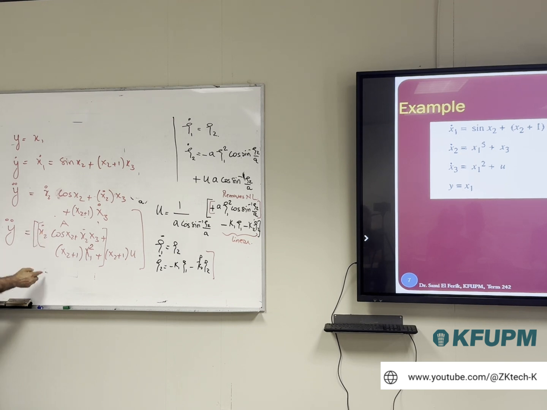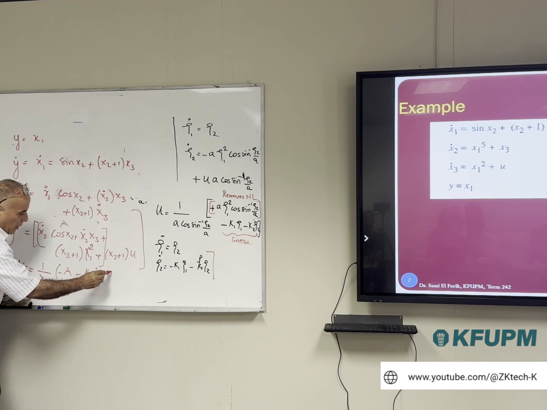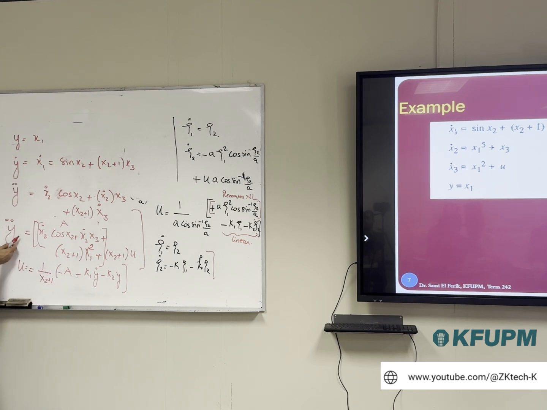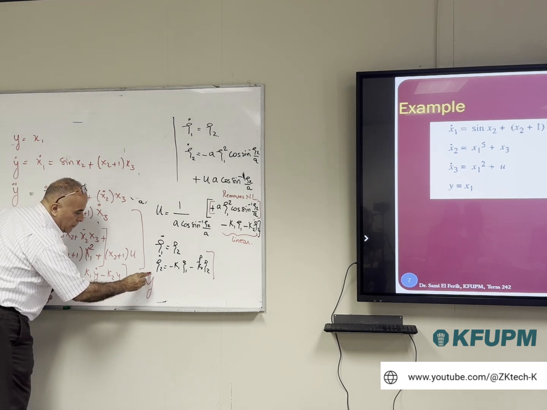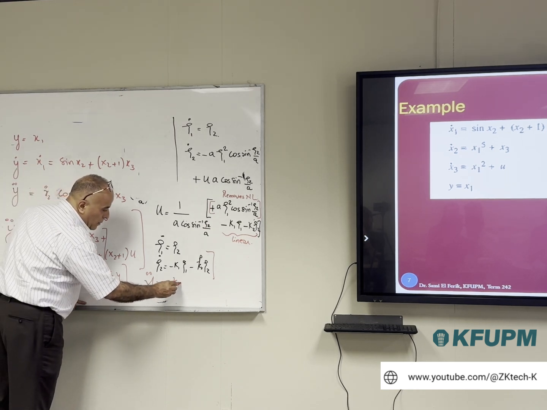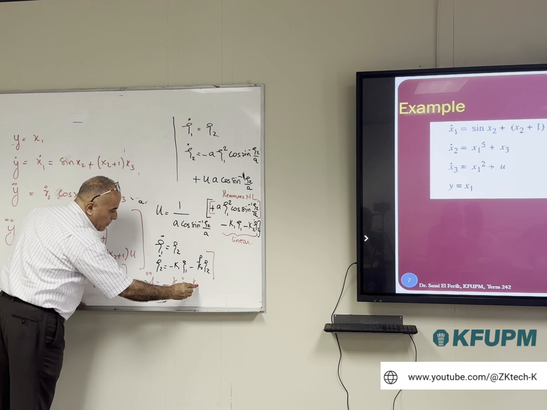Then I can say that my u is equal to 1 over x2 plus 1 multiplied by minus A minus k1 y prime minus k2 multiplied by y, and I plug it inside this dynamic. So I will have y double prime is equal to, at the end, minus k1 y prime minus k2 y.